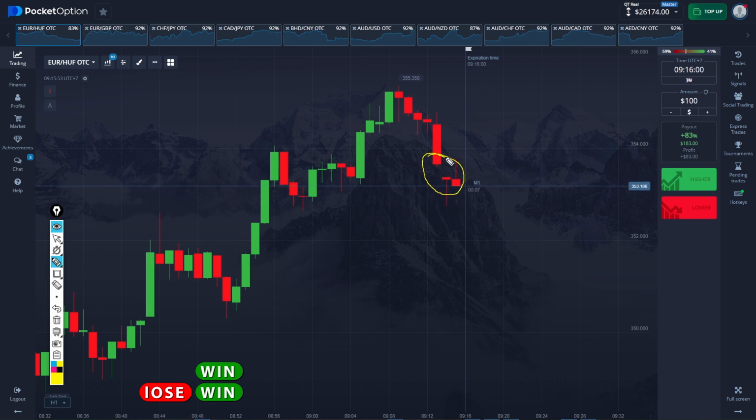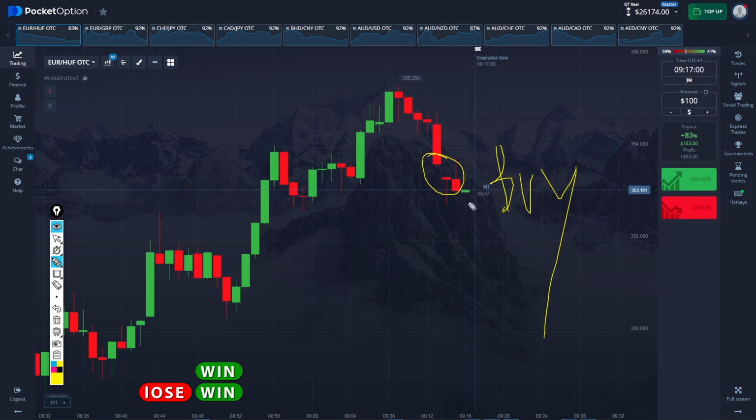Gap down is the good entry for buy, right? A gap up is designed for the sell. This gap up is designed for the sell.